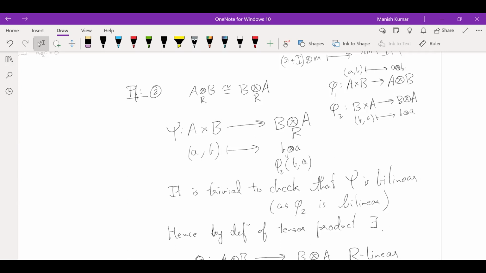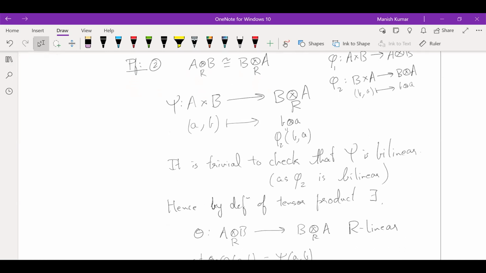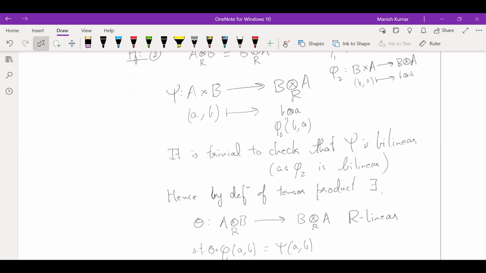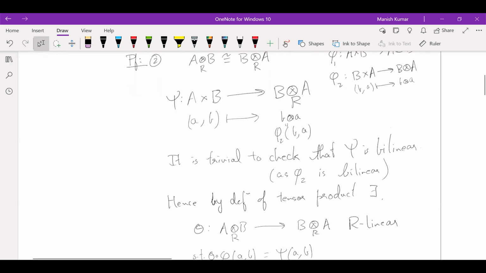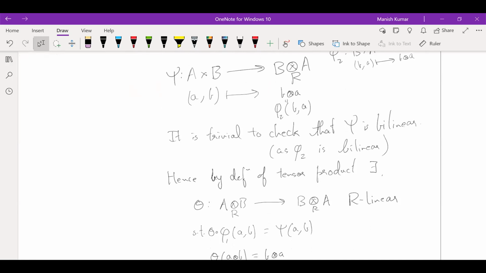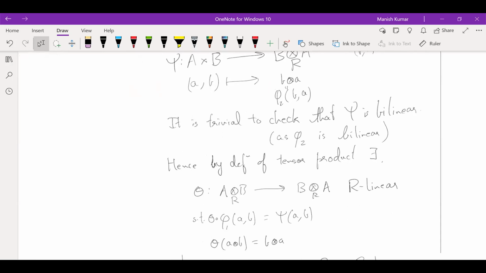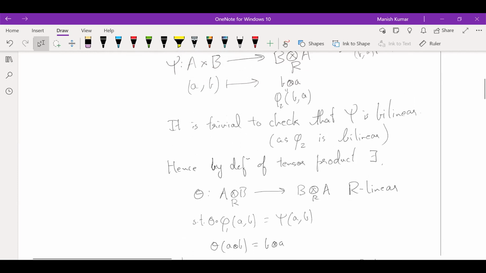By the universal property of the tensor product, there is a map theta from A tensor B to B tensor A, which is R linear, and such that theta composed with phi1 is the same as C. So what does theta composed with phi1 do?